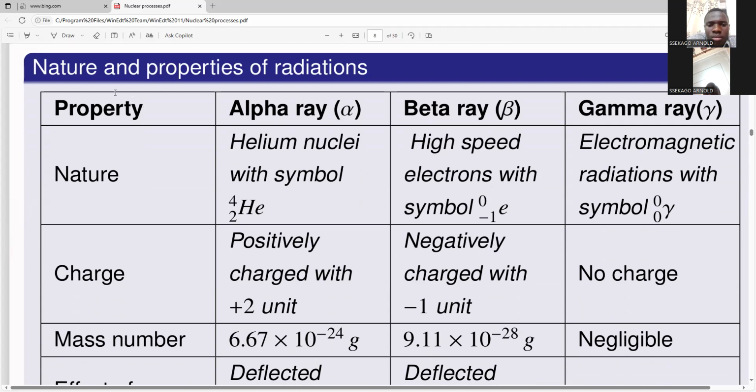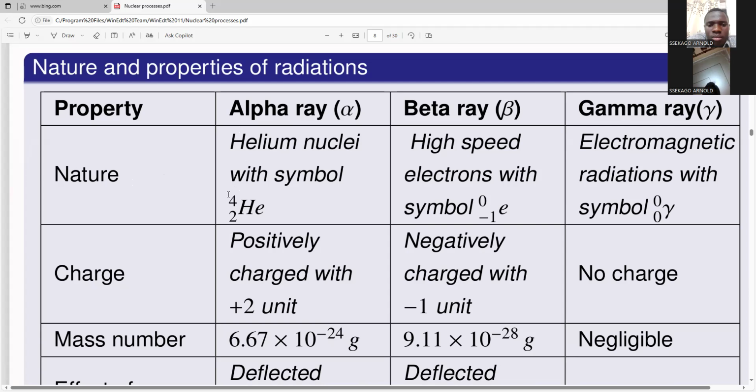The first column shows the property of each radiation, and the radiations are alpha particles, beta particles, and gamma rays. We start with the nature. What do we mean by alpha particle, beta particle, and gamma rays? For an alpha particle, we mean the nuclei of helium.